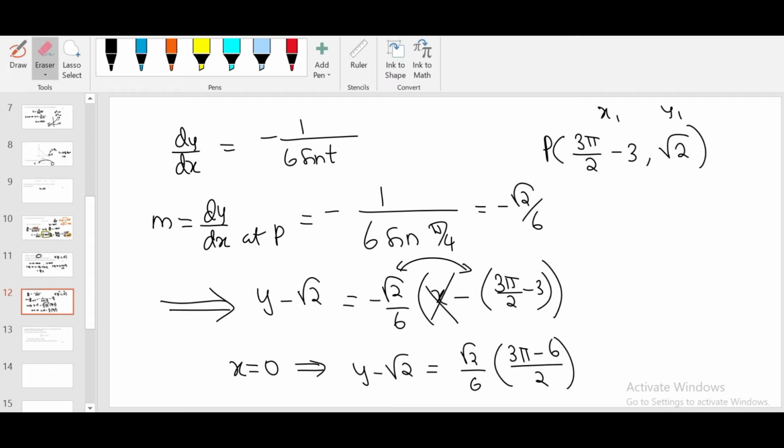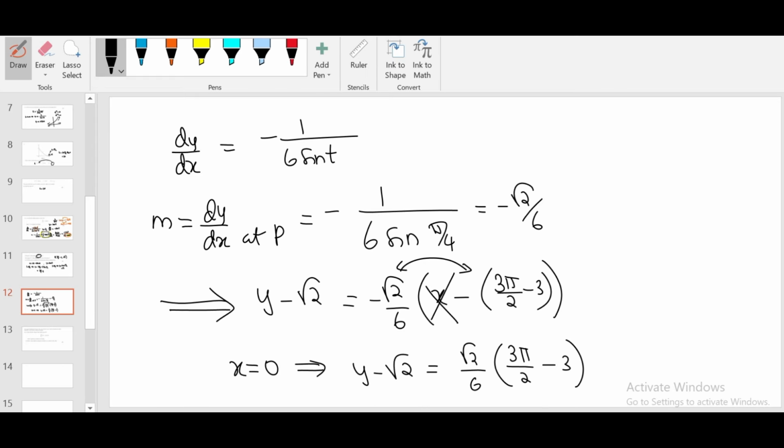Or we will keep it as it is because it's going to be a little trickier actually. By minus 3, multiply throughout by square root of 2 by 6. So y is, multiply these two, you'll get 3, 6 can be cancelled, so you'll get pi root of 2 divided by 4 minus root 2 by 2, and when you bring this also root 2 here, it becomes plus root 2.